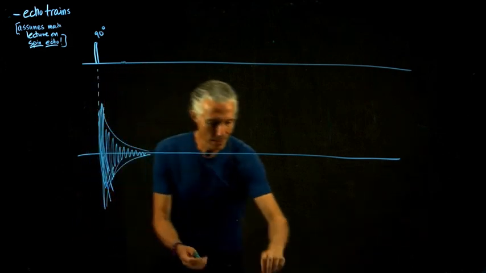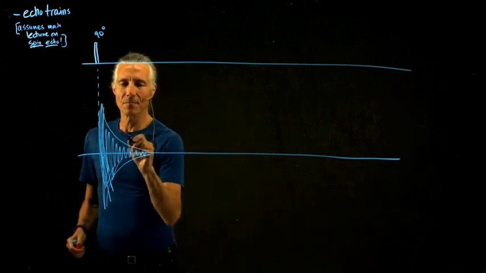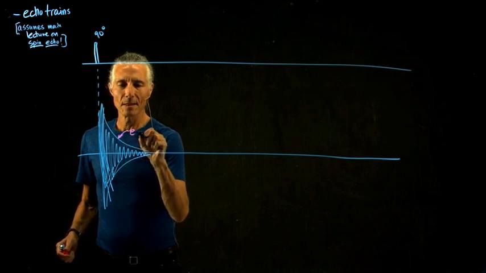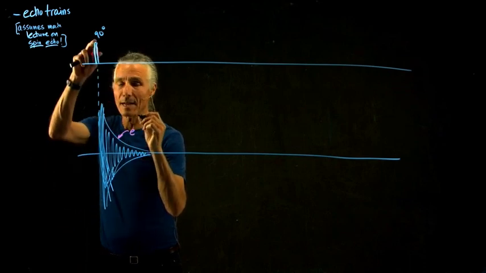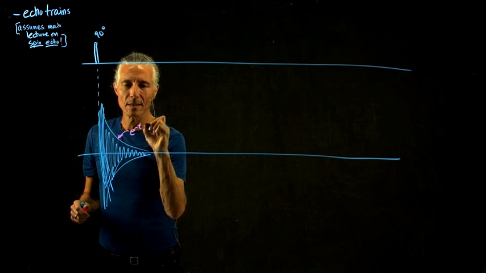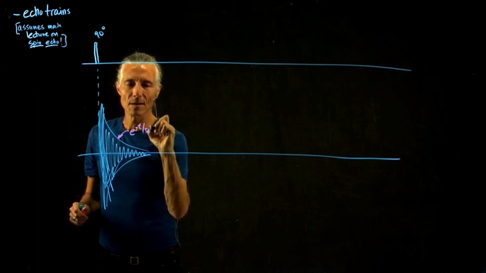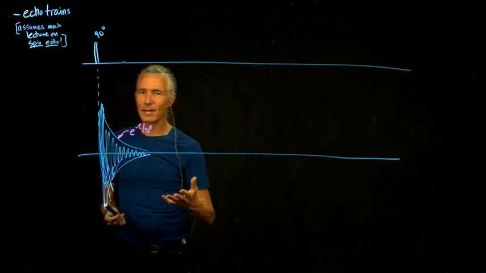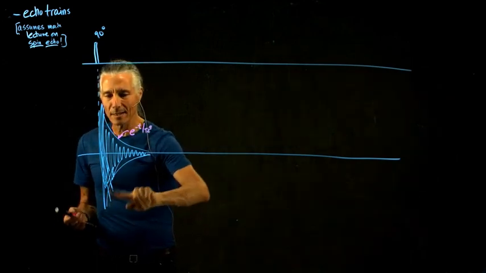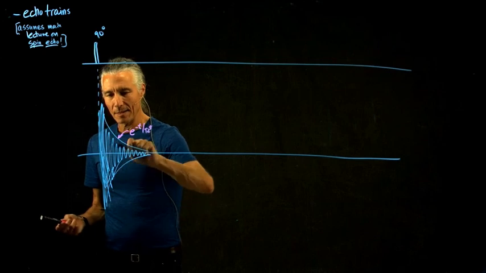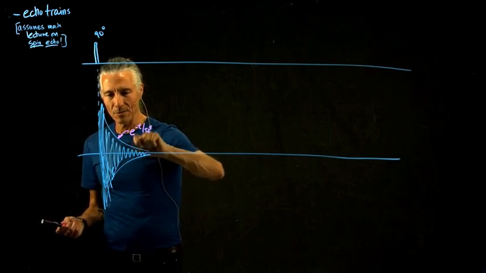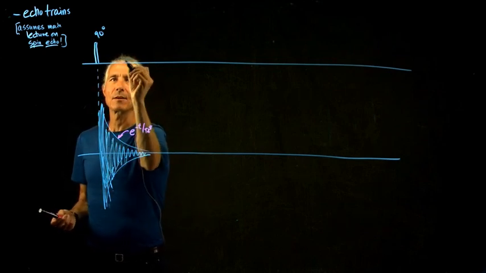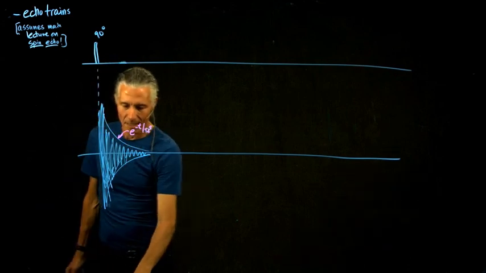The equation for this, because it's a 90, is e to the minus t over T2 star. So that's that decay. But we know that there's a bunch of hidden T2 magnetization in there. That's the e to the minus t over T2.